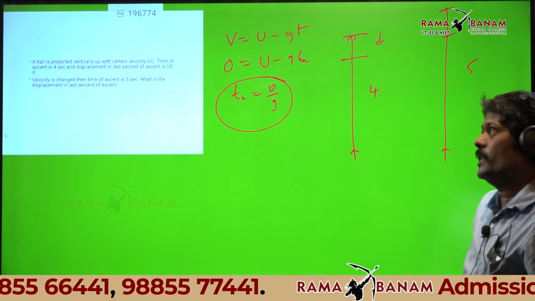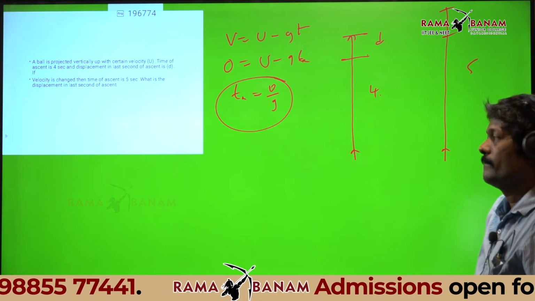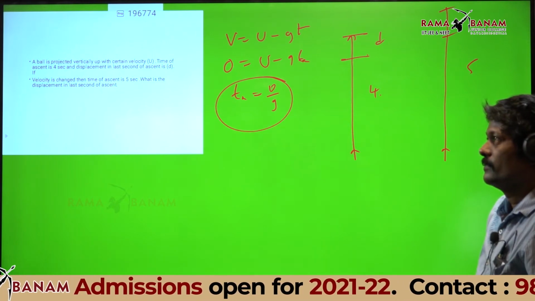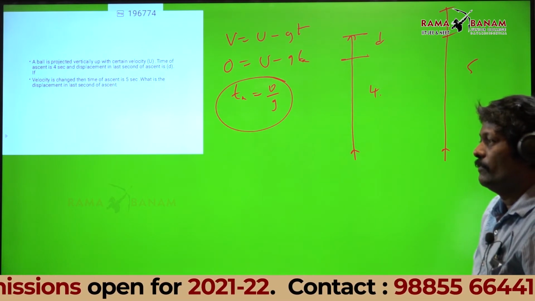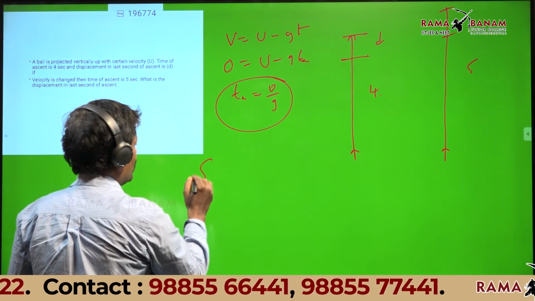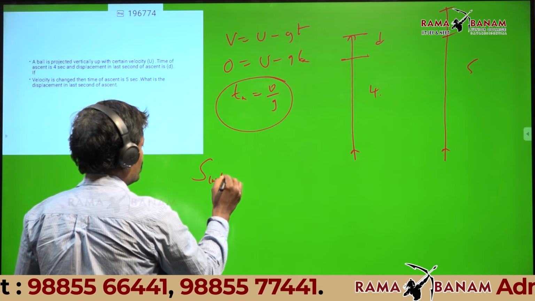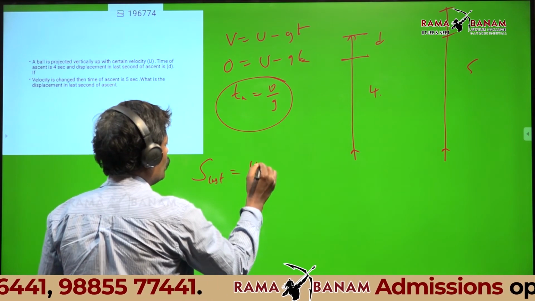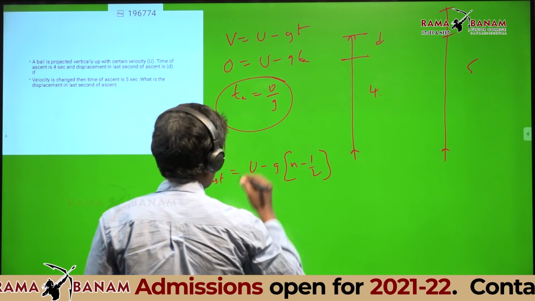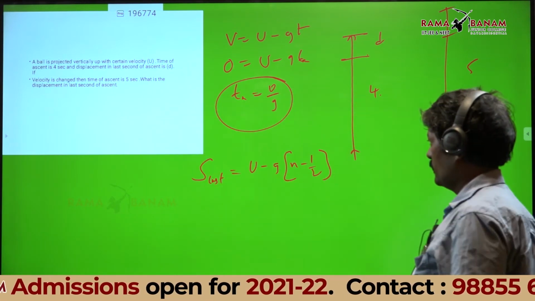Now tell me the formula. S last is equal to u minus g into n minus half. Very good, that's right.